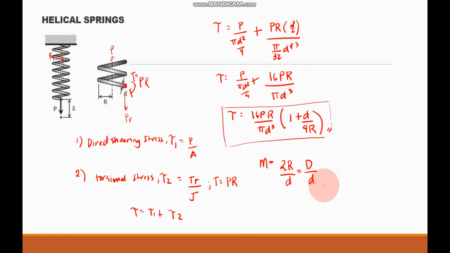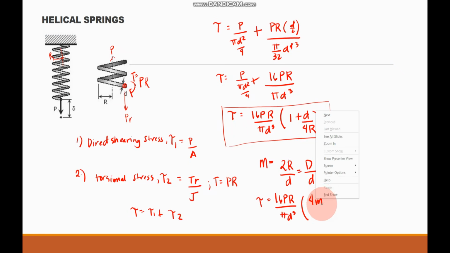So this is the ratio of the mean diameter of the spring to the diameter of the spring wire, and it is called the spring index. And A.M. Wahl formulated a formula in which the maximum shearing stress is equal to 16 P multiplied by R all over pi d cube multiplied by 4m minus 1 all over 4m minus 4, plus 0.615 all over m.